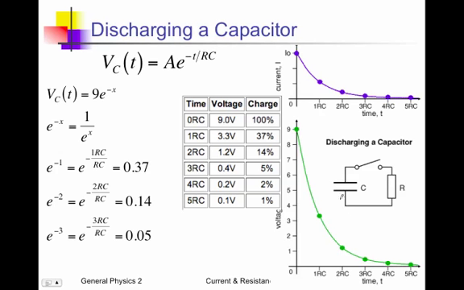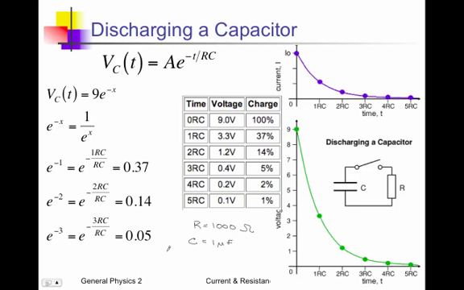And so the way this is often used is I might be given a value for the resistance. Let's say resistance is equal to 1,000 ohms, and the capacitance is equal to, say, 1 microfarad.